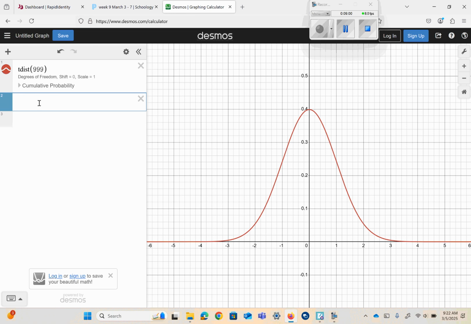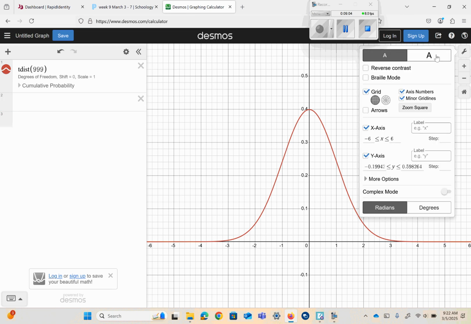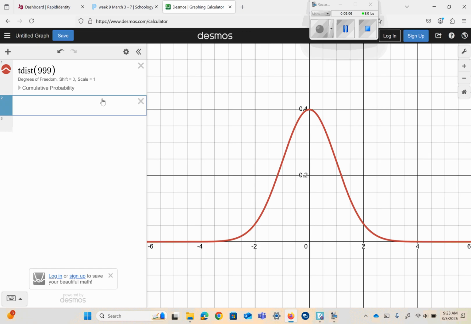Just for laughs and giggles, and showing that I have some sort of comprehension of what I'm doing, let's graph a normal distribution of 0, 1. Friends, the blue is the normal distribution, the red is the t-distribution.